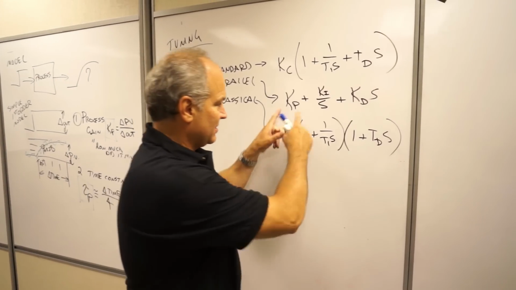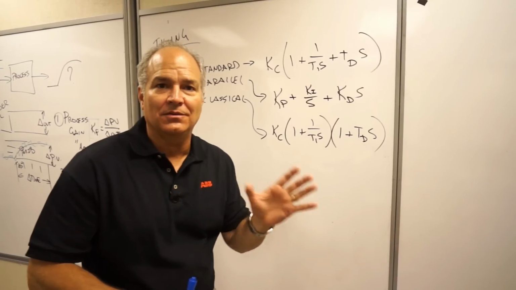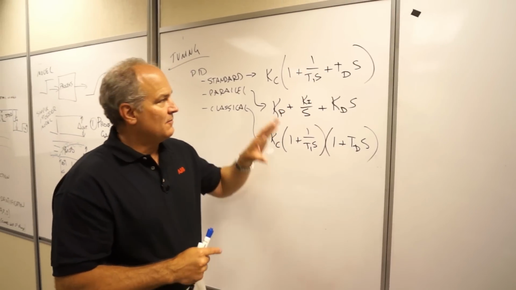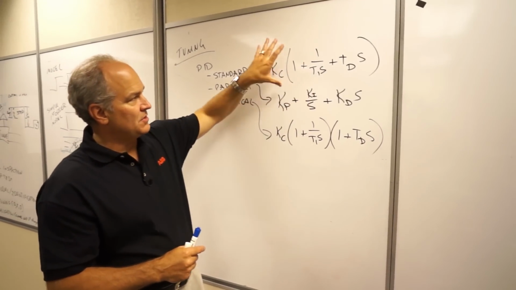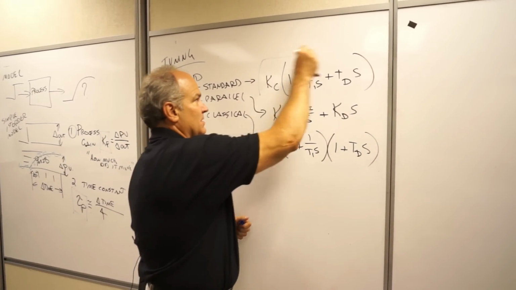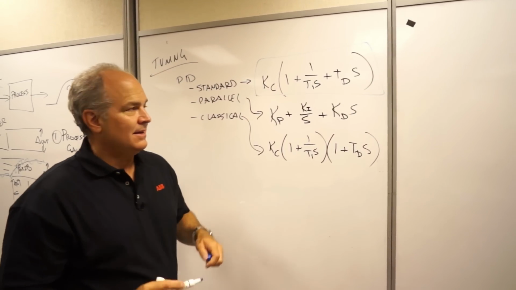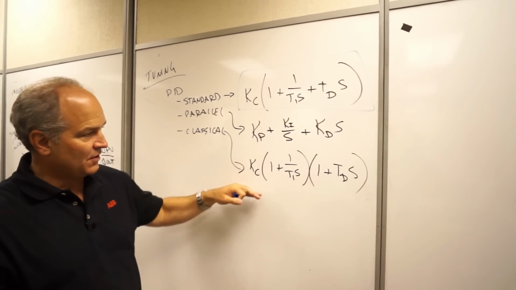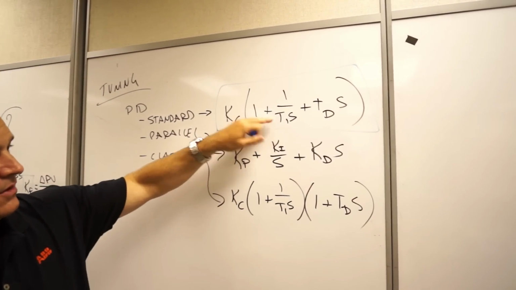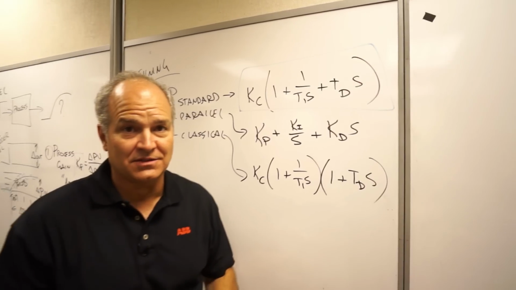But if you look at the equation, look for the parentheses, and that will tell you what type you have. For the analysis that I'm going to use, I'm going to assume the standard algorithm. My brain was kind of tied to that. It's not that difficult to convert, but I always work towards standard and then convert it to the parallel or classical forms.